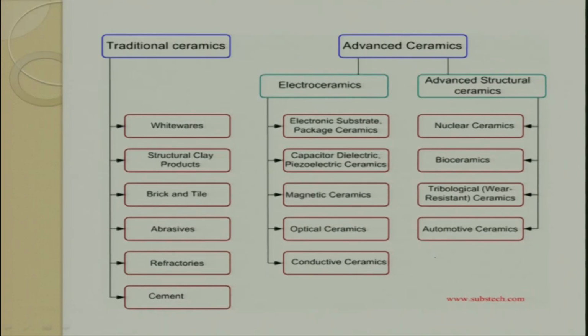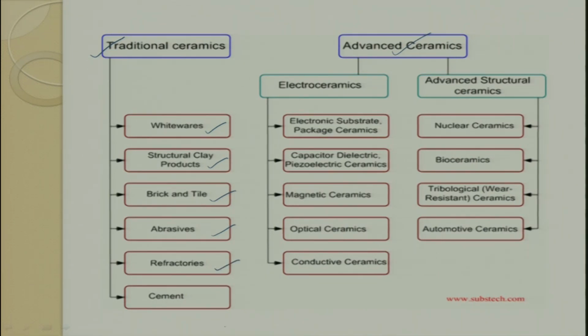And ceramic matrix composites are made. If you look at ceramics, they are divided into two: one is called traditional ceramics, the other is called advanced ceramics. In traditional ceramics you have white wares, structural clay products, bricks and tiles, abrasives, which are used in grinding, water jet cutting, lapping, polishing, all those things.